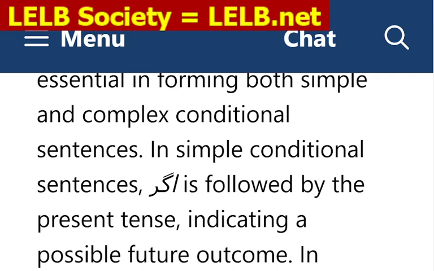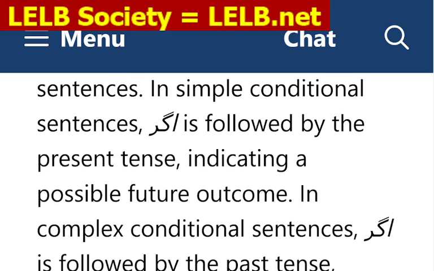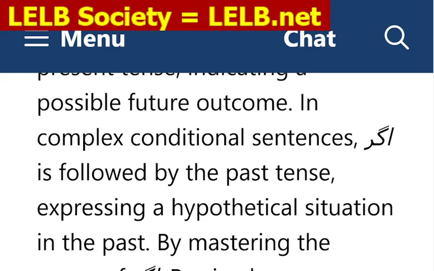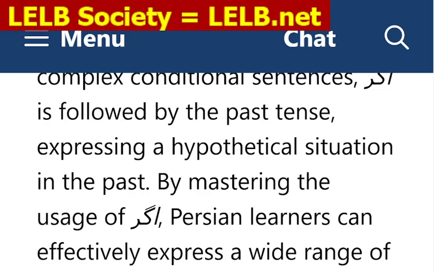In simple conditional sentences or شرطی ساده, agar or age is followed by the present tense, indicating a possible future outcome. And in complex conditional sentences, agar or age is followed by the past tense, generally expressing a hypothetical or imaginary situation in the past, like conditional sentences type 2 and 3 in English.